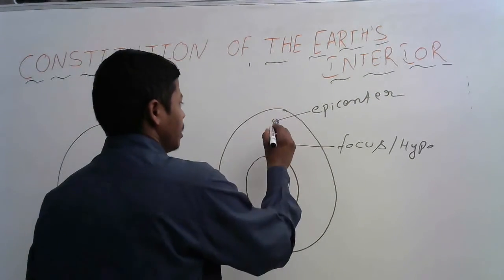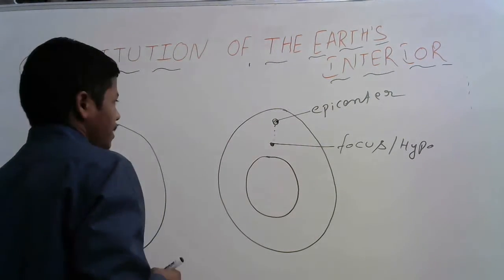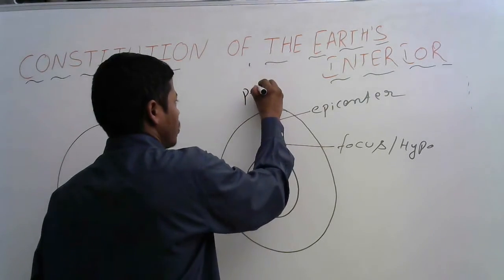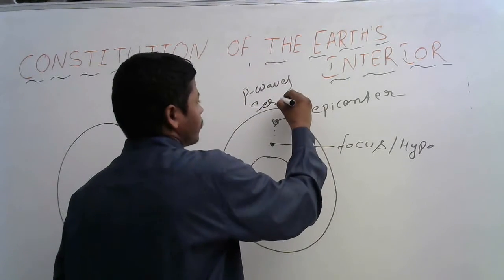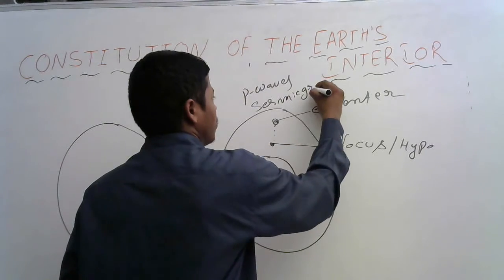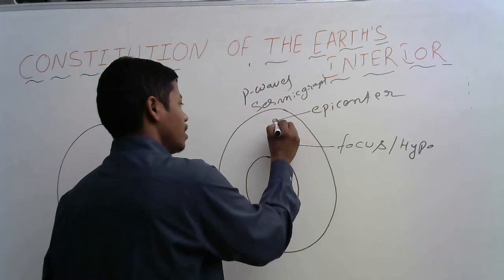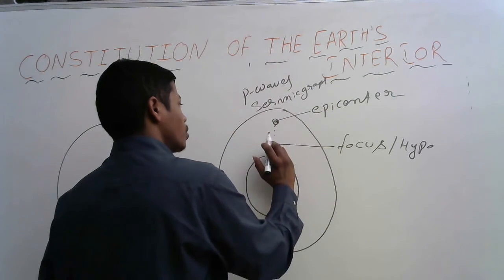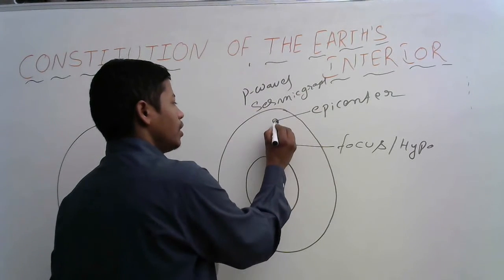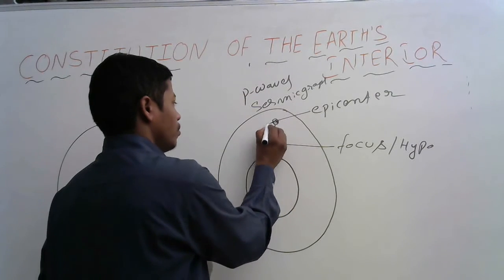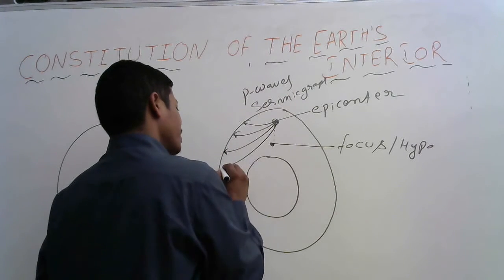Suppose we take the epicenter and draw lines from it for the P wave seismic graph. The lines are concave in shape.